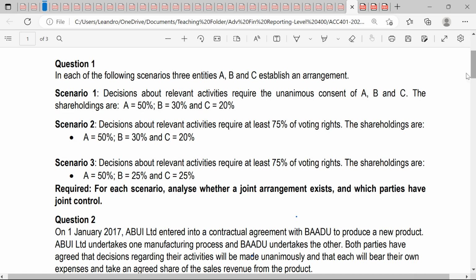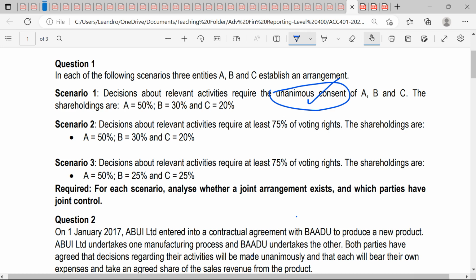In scenario one, the decisions about the relevant activities require unanimous consent of A, B, and C. And so this is what actually shows who has joint control.